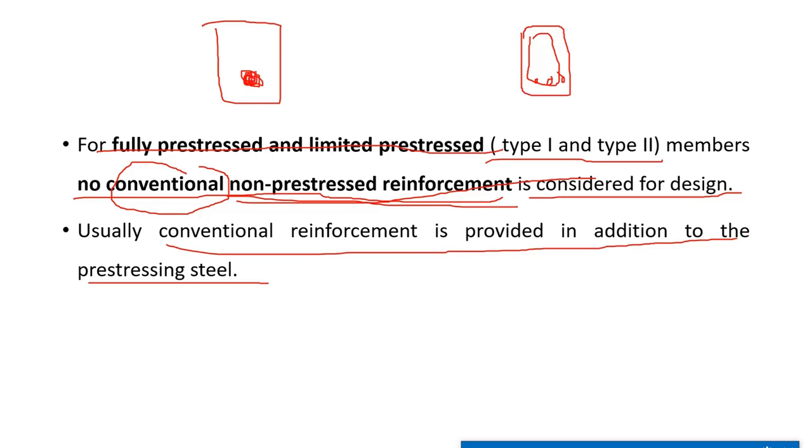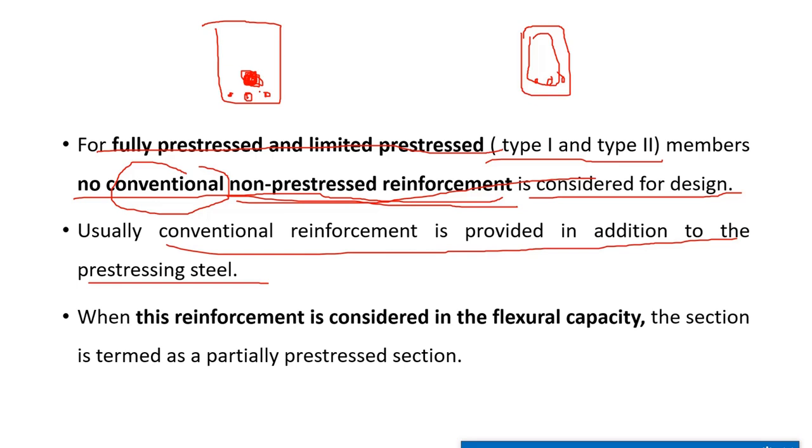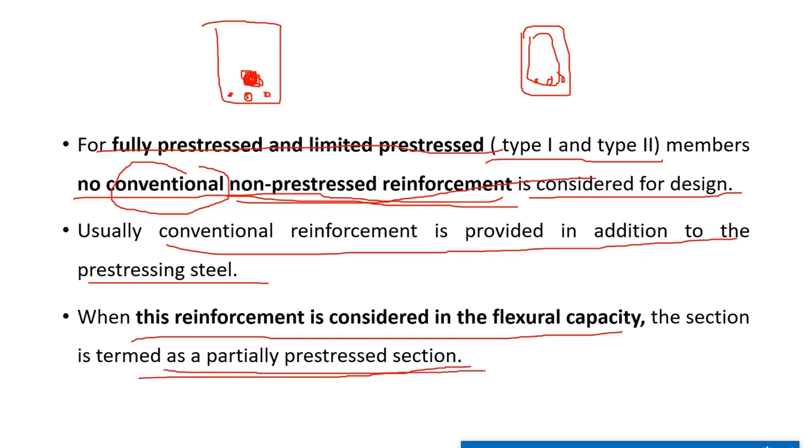The tensile force is taken entirely by the prestressing steel. So even if there is some reinforcing steel, which is the conventional non-prestressed reinforcement, present in this section, it is not considered for the design purpose. Okay. And when this reinforcement is considered for the flexural capacity, such a section is termed a partially prestressed section. I hope the concept is clear.